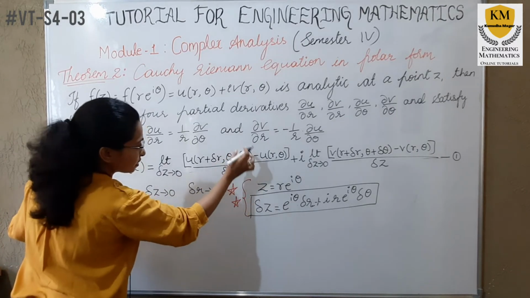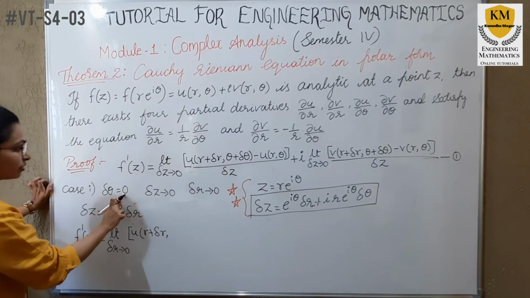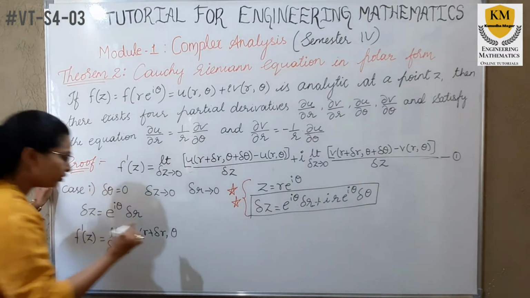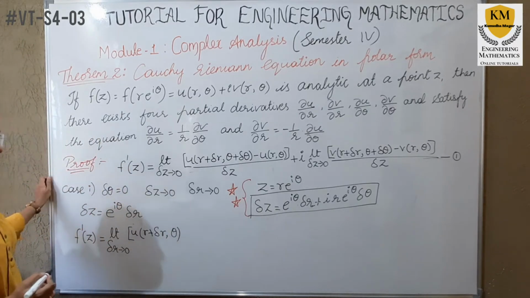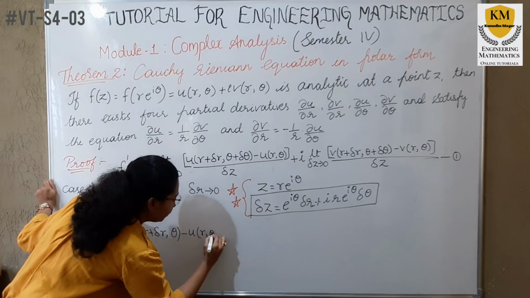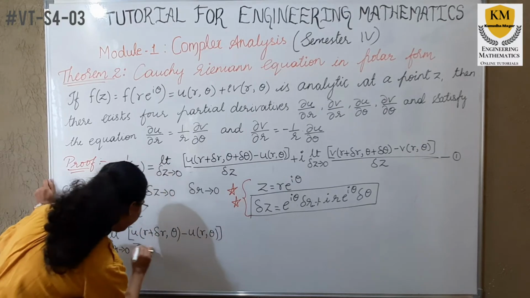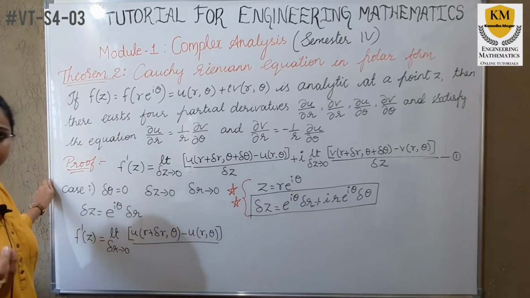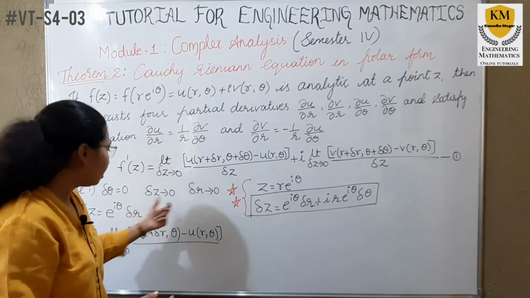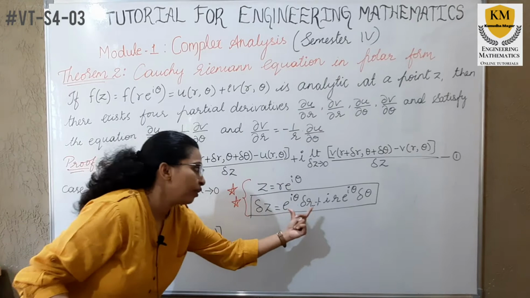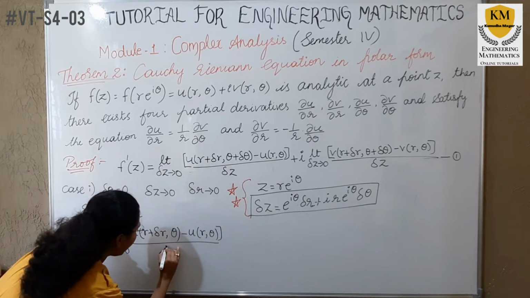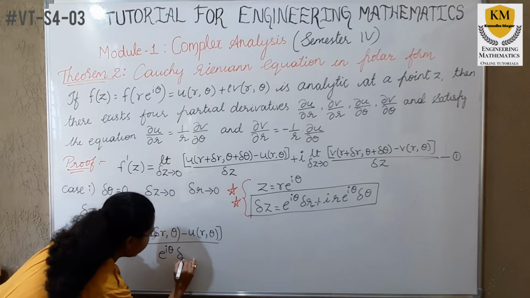Here, we should understand that I have considered del theta as 0, so only theta will be left. Hope you understood. I'll close this, minus u of r comma theta, divided by, in place of del z, what can I write? Yes, you are right, you can write del theta is 0.